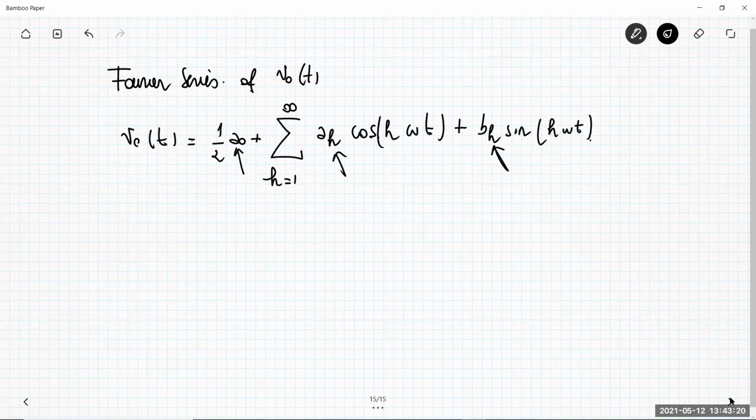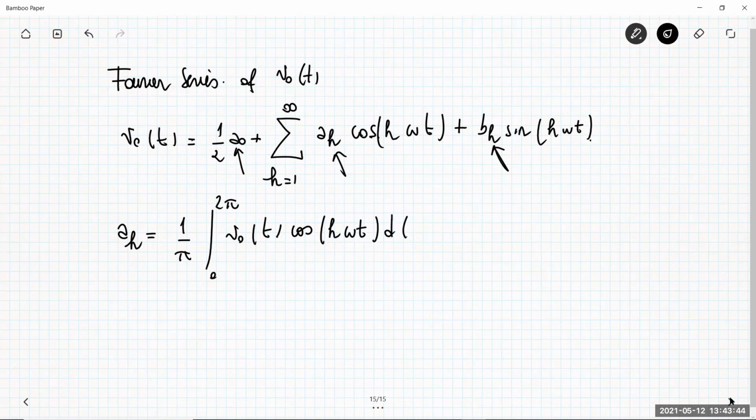These coefficients can be computed by these formulas. ah is 1 over pi, the integral from 0 to 2 pi of the voltage V naught times cosine h omega t, d omega t, for h ranging from 0 to infinity.